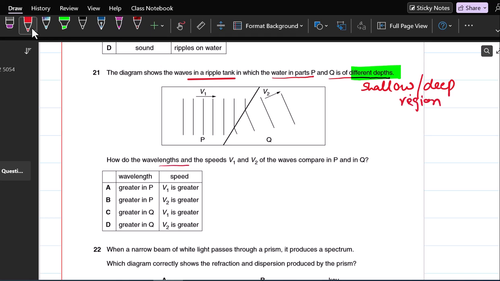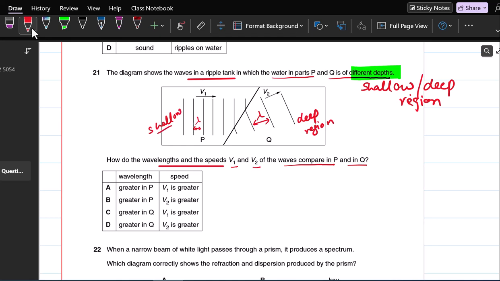How do the wavelengths and the speeds V1, V2 of the waves compare in P and in Q? You can see here the wavelength is short and here the wavelength is greater. From here I get the idea that this is a deep region and here the region is shallow.